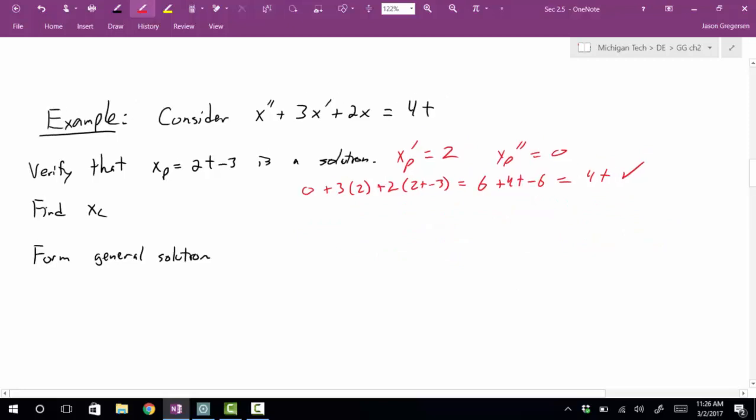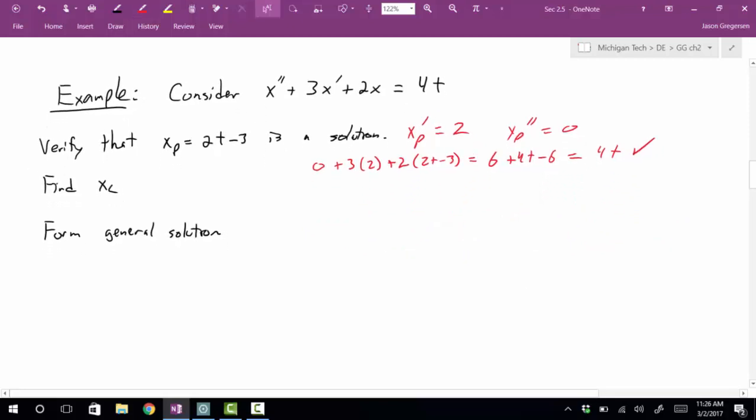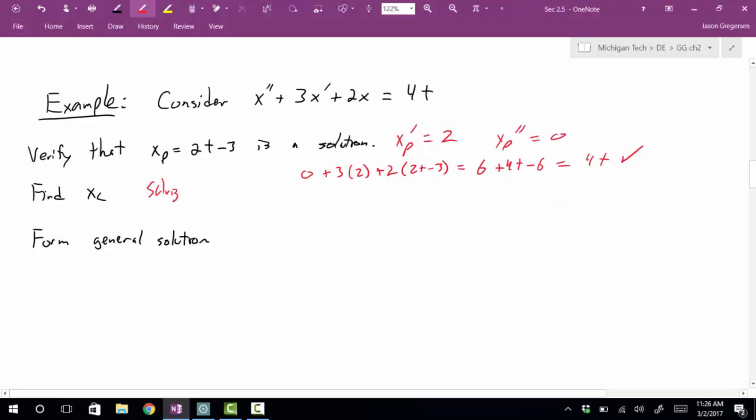Complementary solution. We've done that before, right? Now we're basically solving x double prime plus 3x prime plus 2x equals 0. We generate our auxiliary equation, r squared plus 3r plus 2 equals 0. We factor that guy. I get (r plus 2)(r plus 1). So r must be equal to -2 and -1.